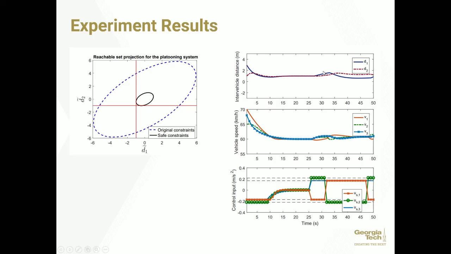You do see a little change in the distance and some odd settling times thereafter. But you can still see that both D1 and D2, the distances between vehicles 1 and 2 and 2 and 3, do not cross that 0 threshold, which indicates there is no collision between the vehicles. In the vehicle speed there is some change after 25 seconds, but overall you maintain stability throughout the system.